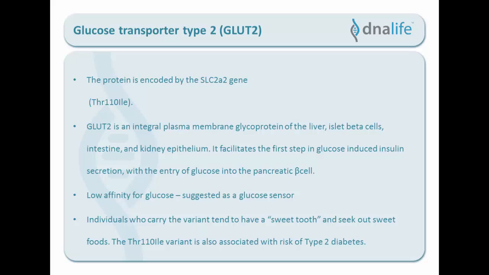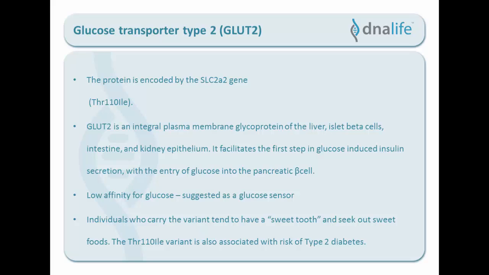So again, just a little recap on the glucose transporter type 2 gene, or the SLC2A2, which encodes glucose transporter type 2. This is an integral plasma membrane glycoprotein of the liver, islet beta cells in the pancreas, the intestine and kidney epithelium.